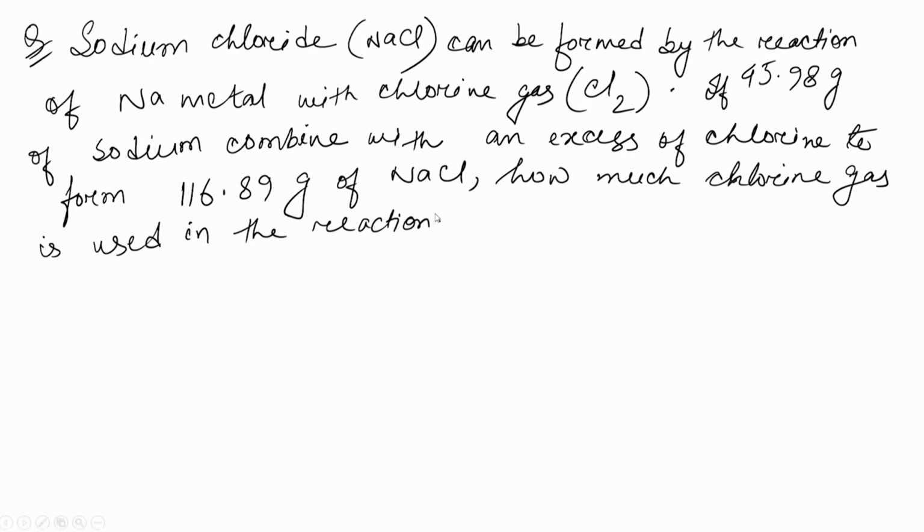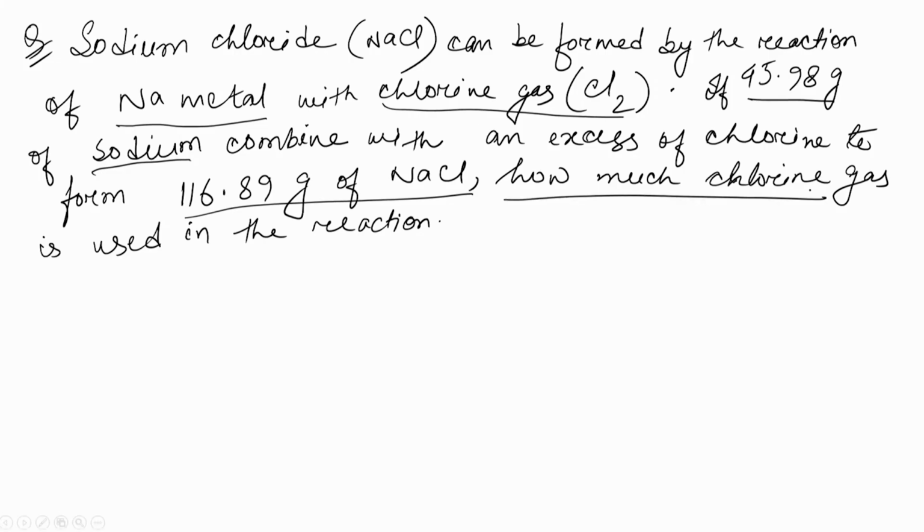Okay. So, sodium chloride can be formed by the reaction of sodium metal and chlorine gas, right? The weight of sodium is given, and the weight of sodium chloride is given. We will have to find out the weight of chlorine that is required. So, first let's write the reaction.